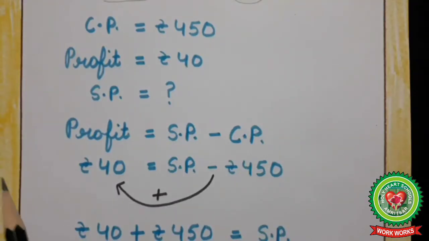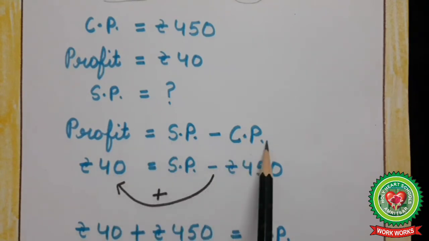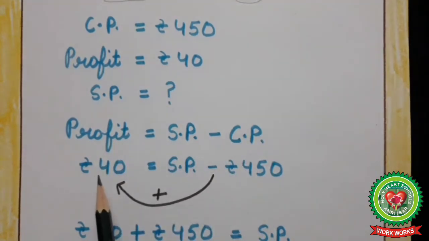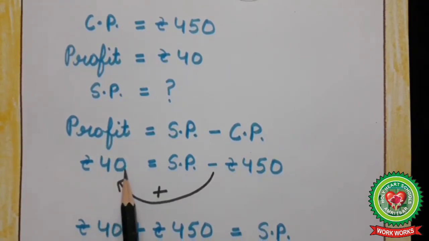Here in this question we have been given profit, so we will apply the formula of profit. And we know profit is equal to SP minus CP. After that we will substitute the values. Profit rupees 40 is equal to SP, which we need to find, minus CP rupees 450.